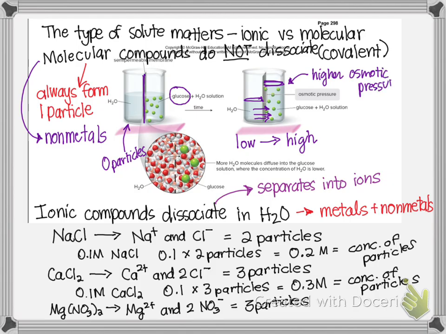And the osmotic pressure would be what it would take to force the liquid back down to equal. So when they talk about osmosis, the water is going to move from the side with low particle concentration to high particle concentration. And as a result, you see a change in the water level. The low side will go down and the high side will go up. It's trying to equal out the concentration of the particles. And so we see this change, and that's what osmosis is.